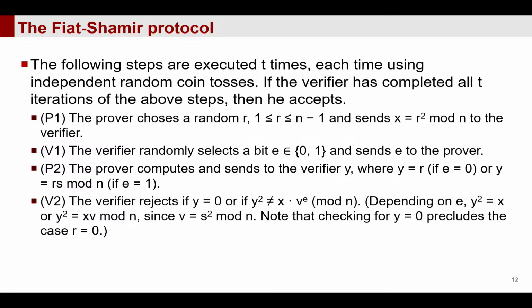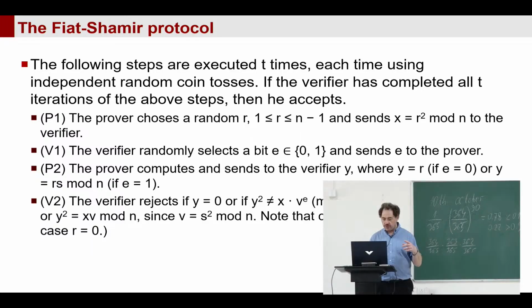In the first phase, the prover chooses a random number r and sends the square root modulo n of that random number, x, to the verifier, without disclosing r, only x. The verifier randomly selects a bit, 0 or 1, and sends it back to the prover, and then phase 2 starts.